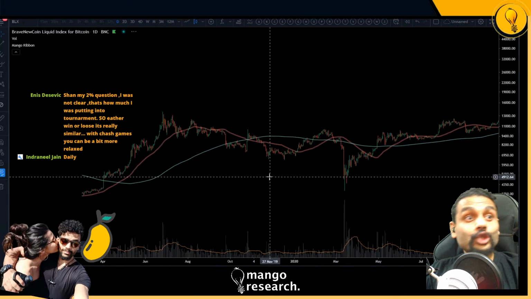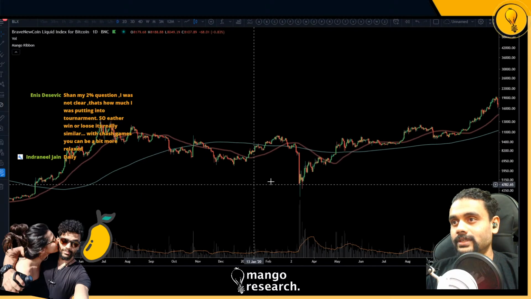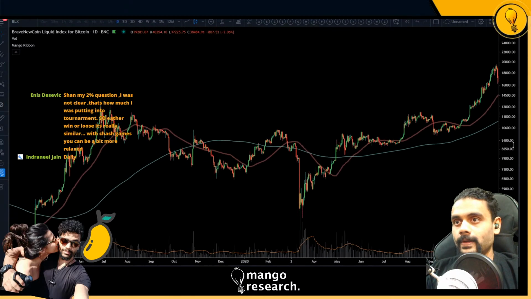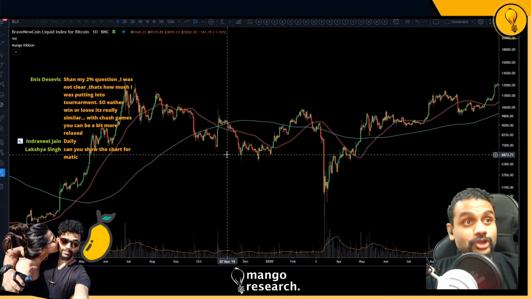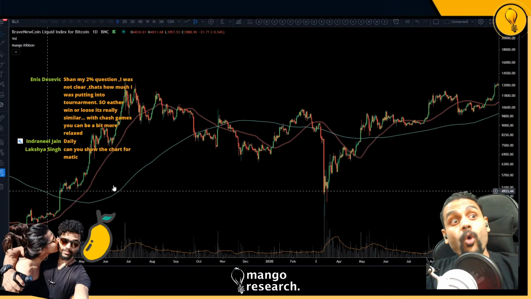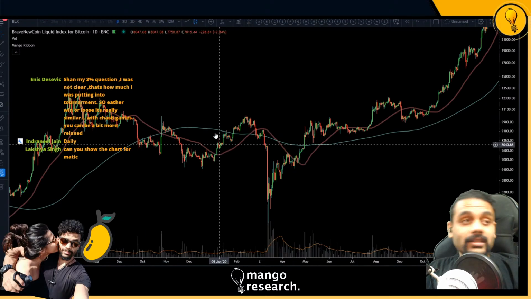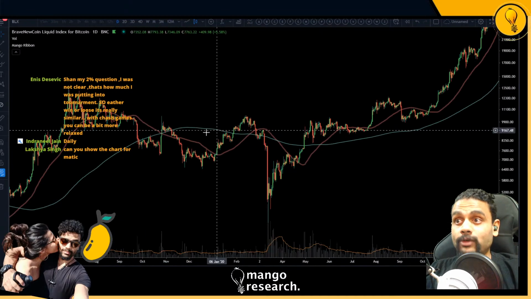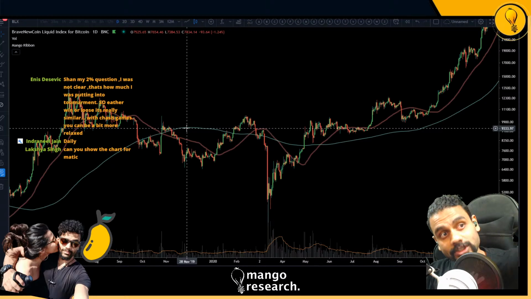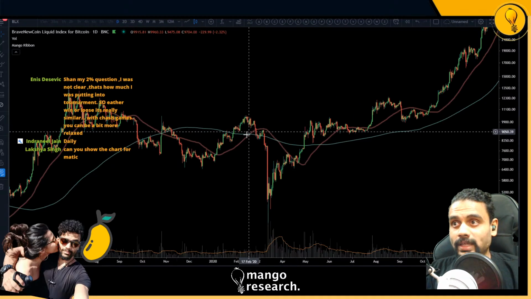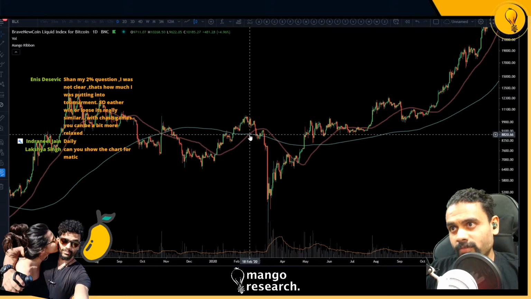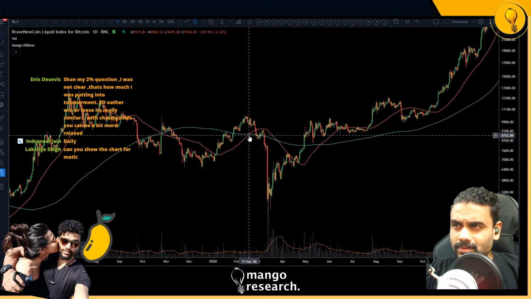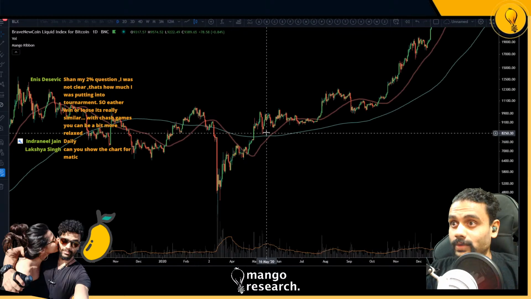All right, so let's talk about these crosses. We're looking for a bear cross, right? You're looking for bear crosses where the 50 basically crosses underneath the 200 moving average. So like this move right over here. This one actually got it pretty well, right? You got the 50 moving average cross and you dumped. Damn, that one actually got well over here.